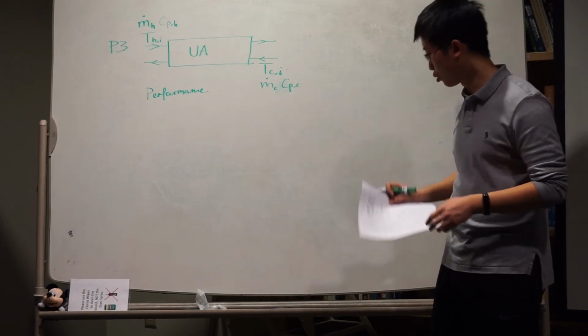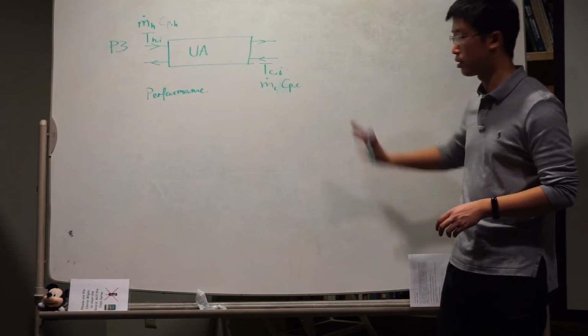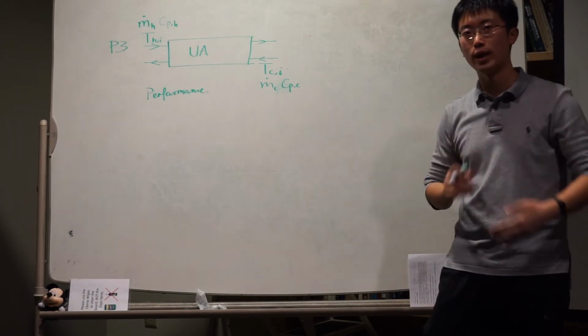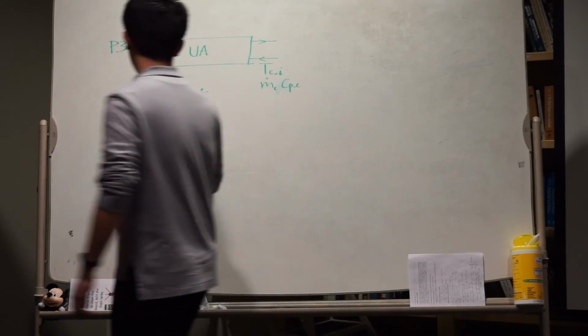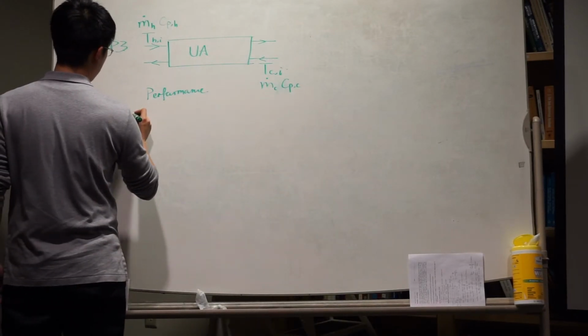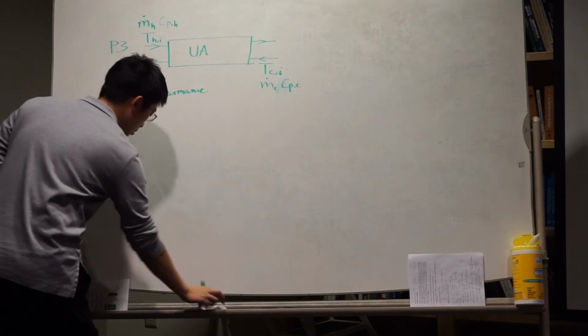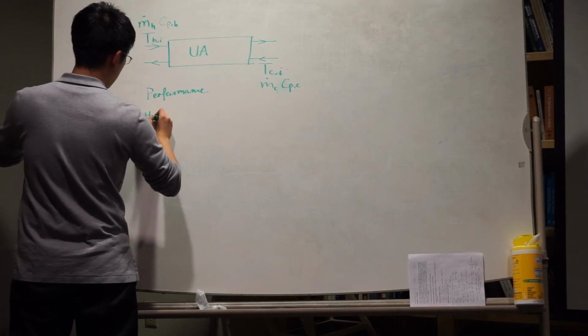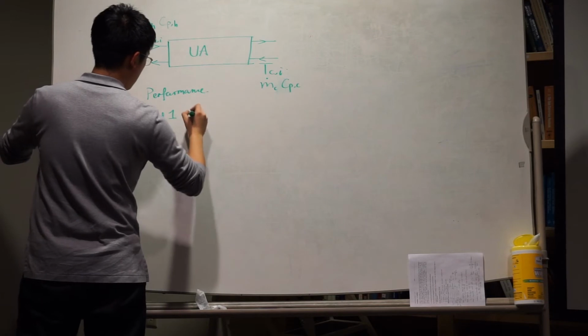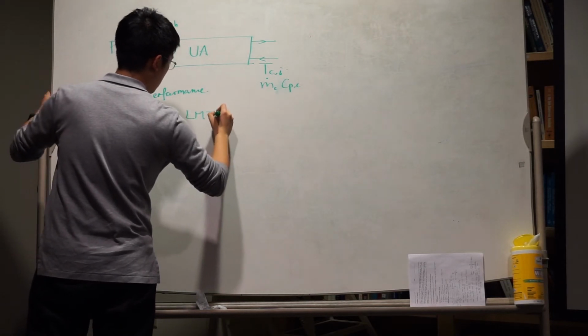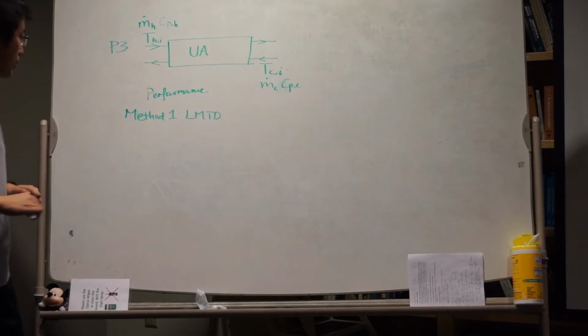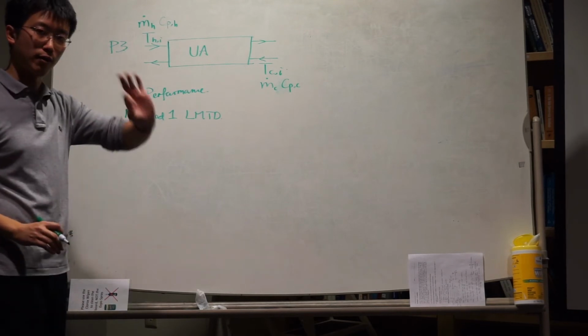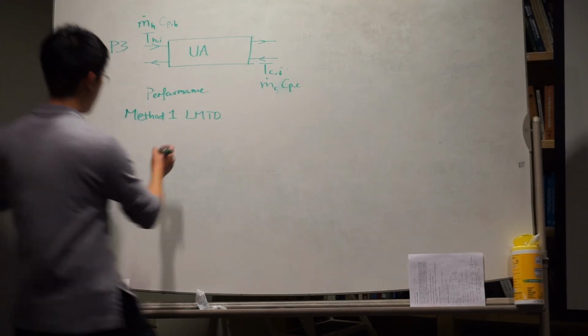And actually, there are 2 ways to solve this. It's a counterflow, so it's a 1D case, so we can use the log mean temperature difference method. With the log mean temperature difference method, we have 3 equations, right?